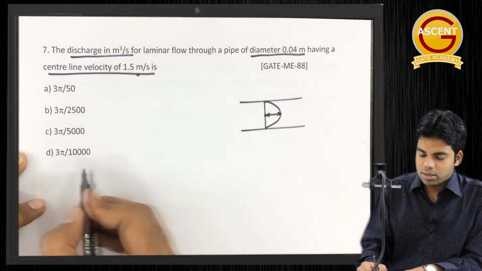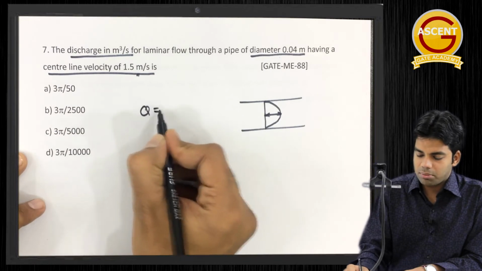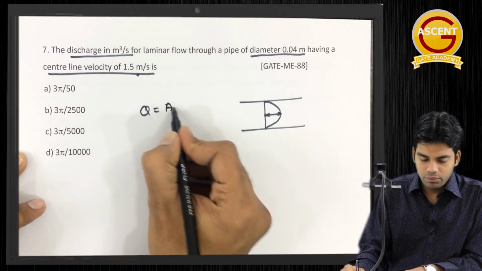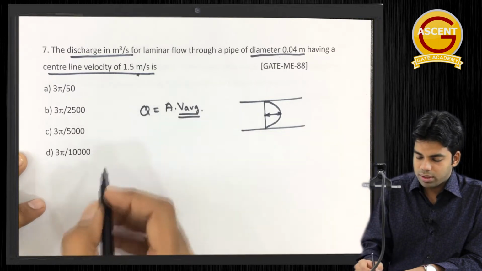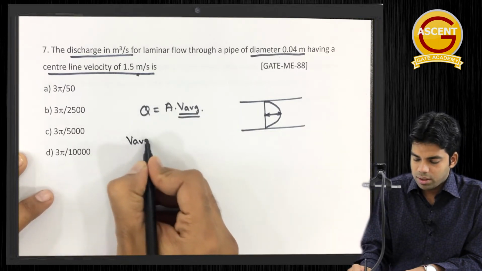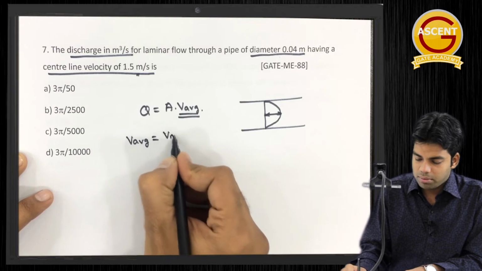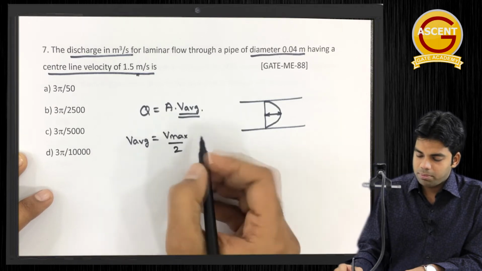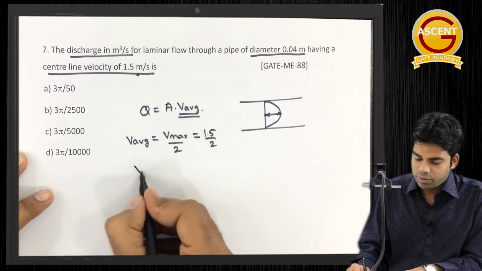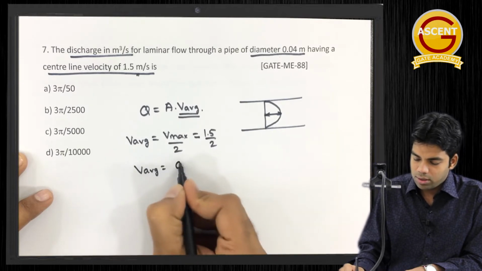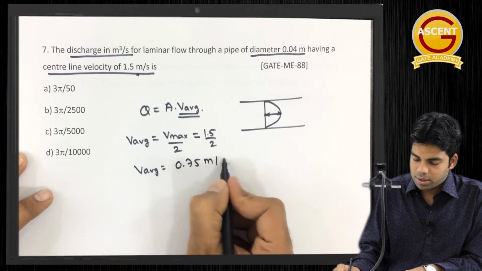Okay, so discharge, how can we calculate discharge? Discharge is nothing but total A into V average. So first of all let us calculate this V average. V average is nothing but V max by 2, because this is a pipe. So this will be equal to 1.5 by 2, so V average is 0.75 meter per second.